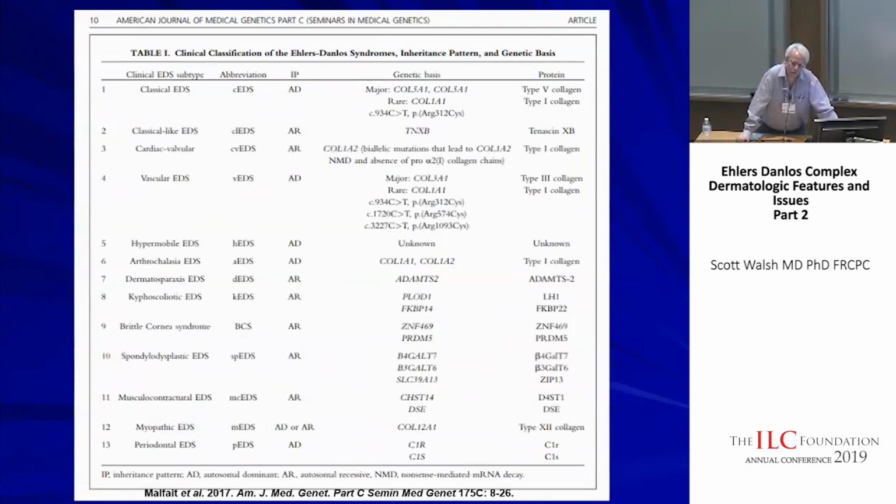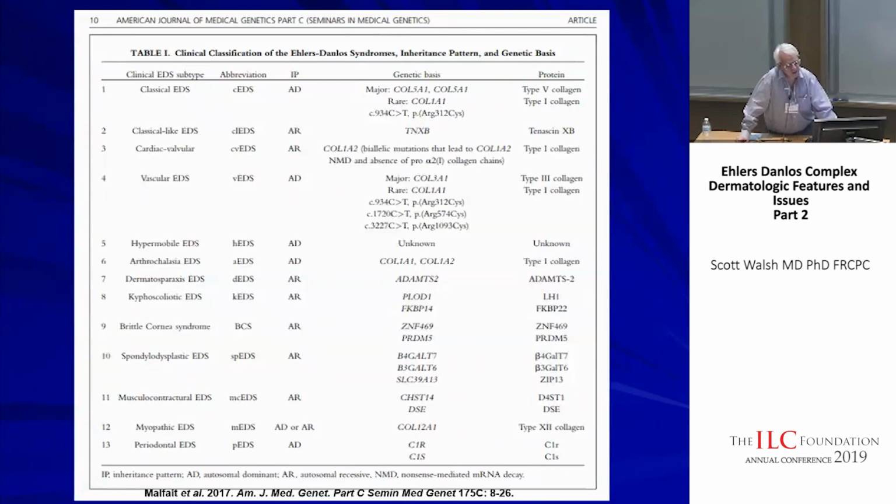And then what do we do about hypermobile syndrome? Because this is the most common one, yet we don't have a gene for it. So this group decided to make some criteria up, and I'm not sure how they came up with these criteria, because they're not criteria that I would generally agree with.